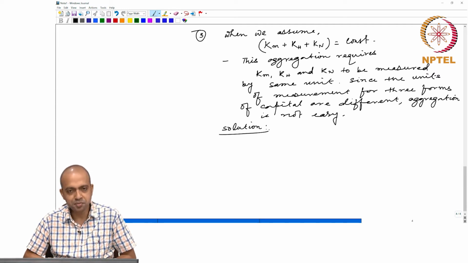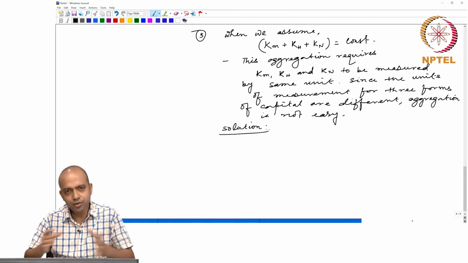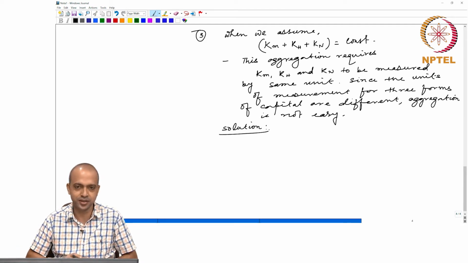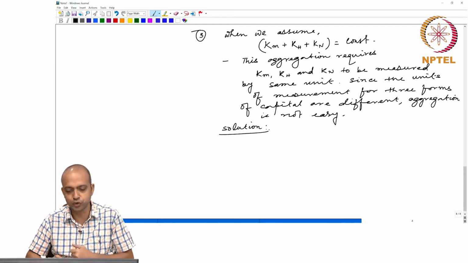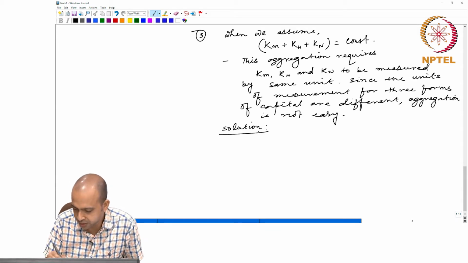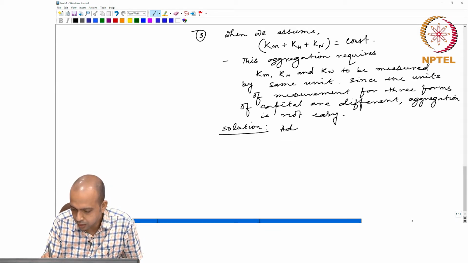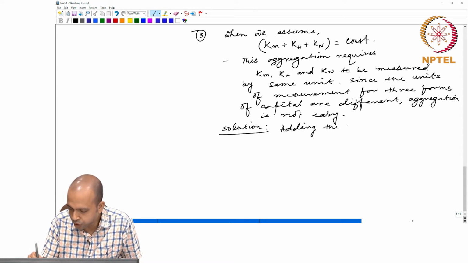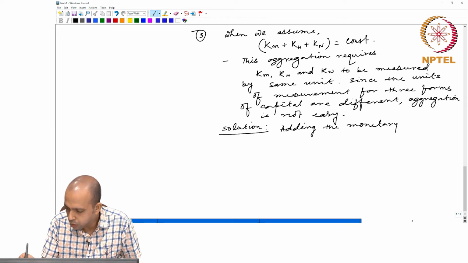We need to arrive at their monetary value, and then we can easily add these monetary values of different forms of capital. So, the solution is adding the monetary values of Km, Kh and Kn.